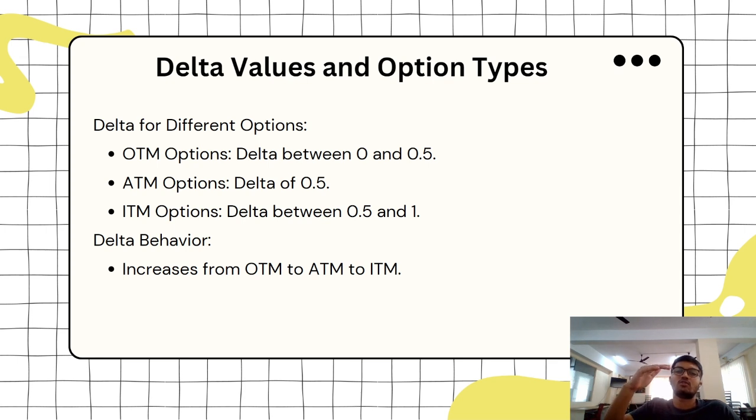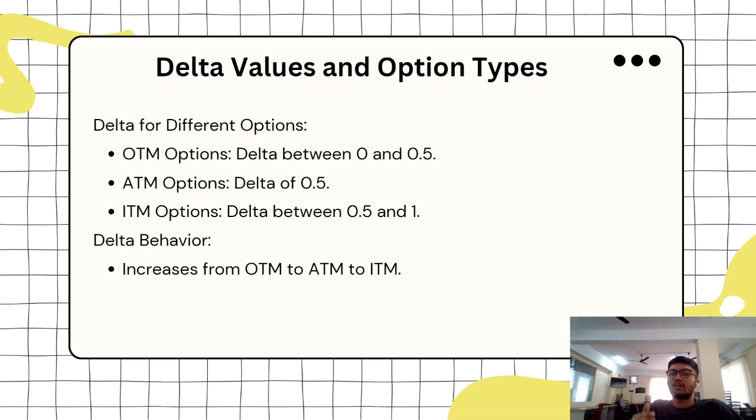Let's assume that 2,937 went to 3,000. So what is the change in the premium? A 63 rupee change in the underlying will result in a 63 rupee change in premium. So exactly, the price of the underlying changed by 63, and the premium of the 2,800 C you bought also moved 63 rupees up.